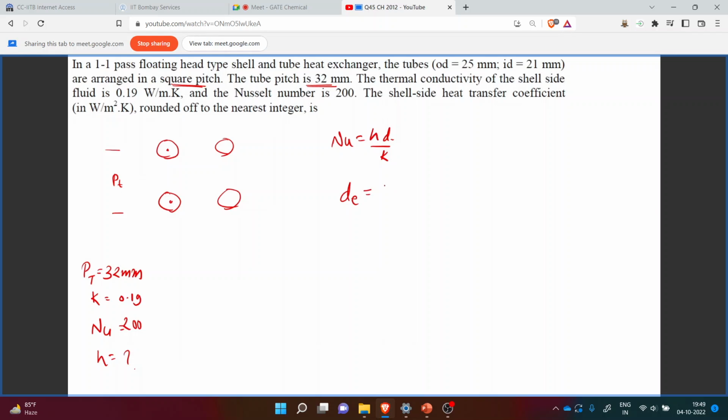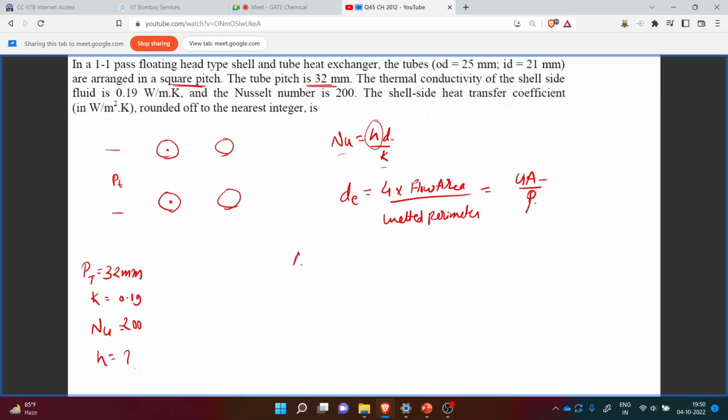This equivalent diameter is defined as 4 times flow area upon wetted perimeter, and this will become 4A upon P. Now we need to calculate this flow area and wetted perimeter. From this we will have the equivalent diameter, and we already have the values of Nusselt number and thermal conductivity. Using that we can calculate the shell side heat transfer coefficient.